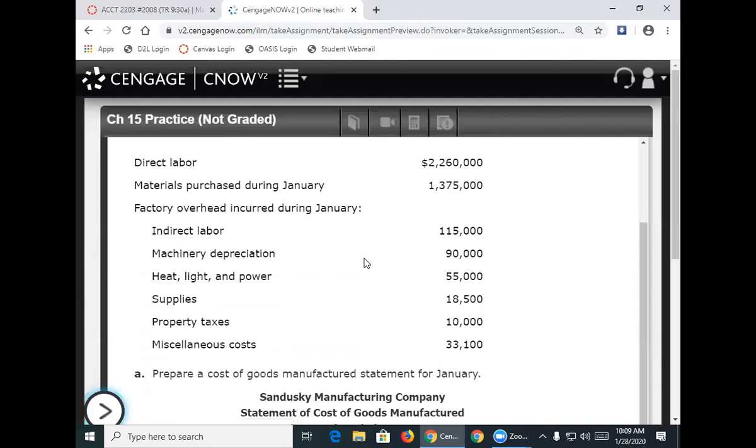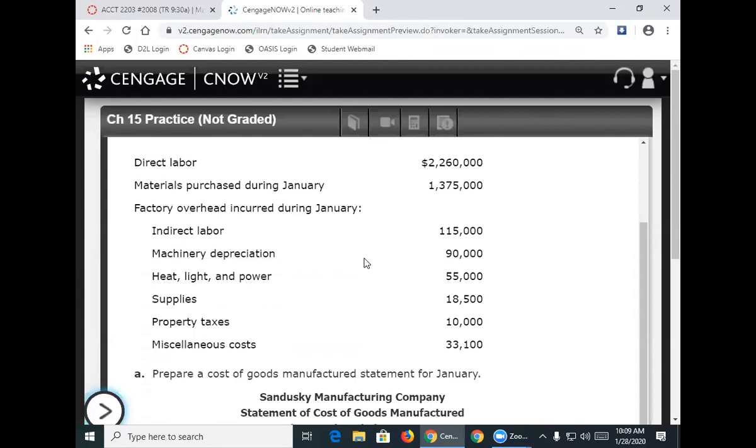So what's my debit to materials? Yeah, that's your beginning balance. Good, so we debited that. What else gets debited to materials in the period? Materials purchased of 1,375,000. Very good.